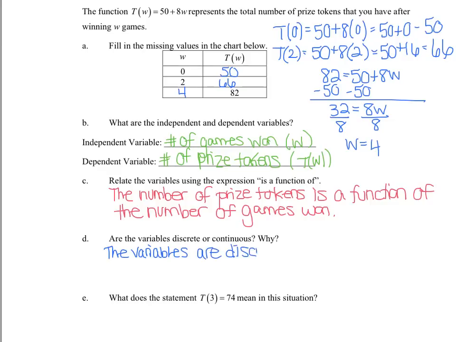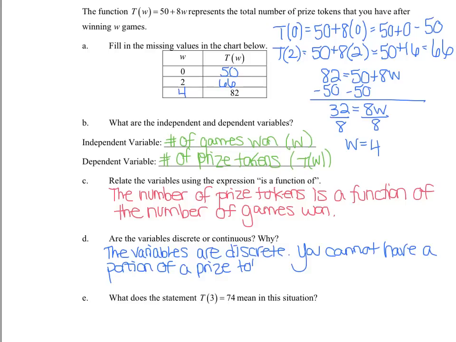The reason why is you cannot have a portion or a part of a prize token. So you can win 1 prize token or 2 prize tokens, but can't win half a prize token.